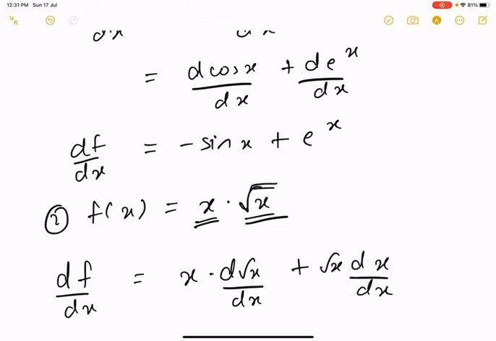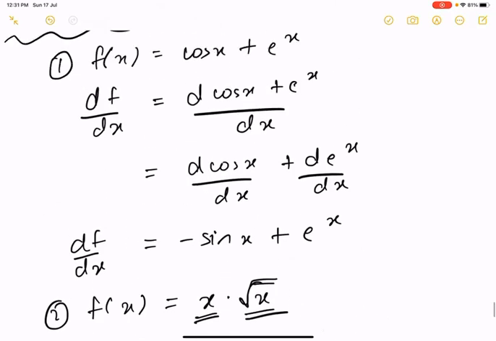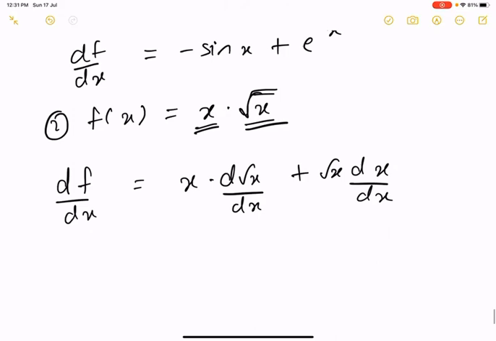That is the multiplication rule, na? Rule number 3 is what we are using. So what is this? X differentiation. What is root x? Root x is nothing but x raised to half plus root x. This dx and dx get cancelled, so this is just root x.